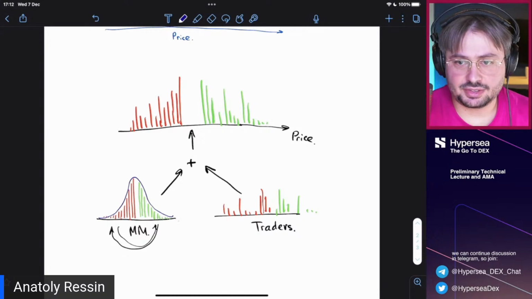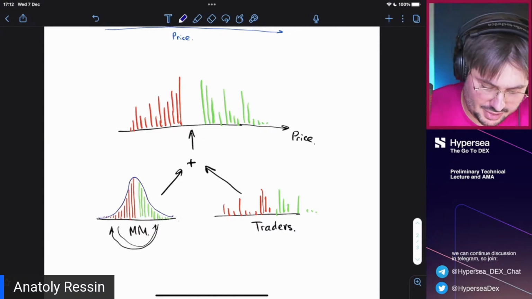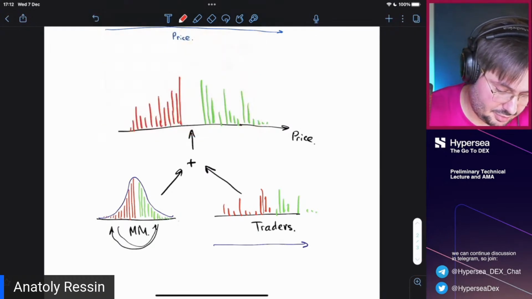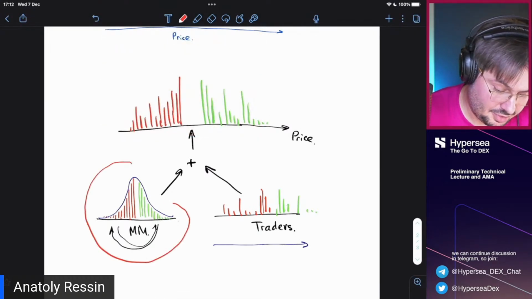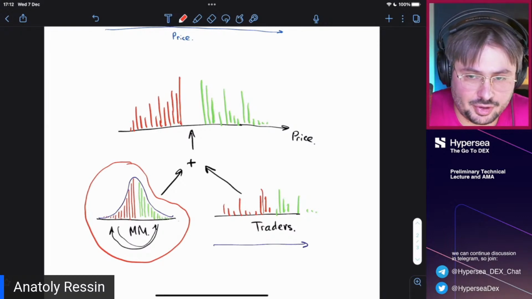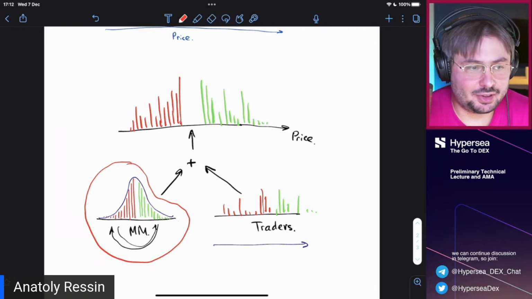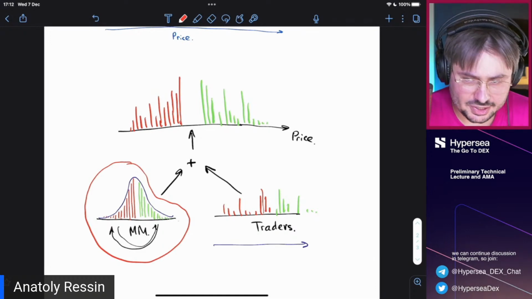And traders are out of scope. So for us, it will be very interesting how to implement market making strategies, but on another type of exchanges.